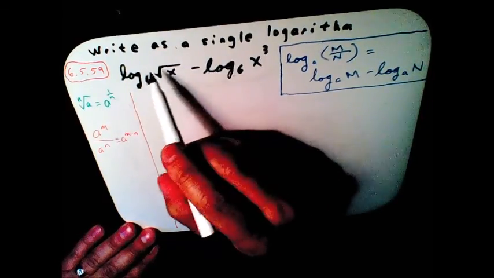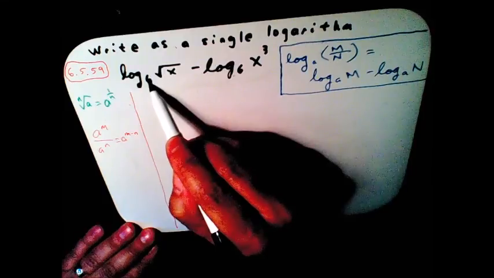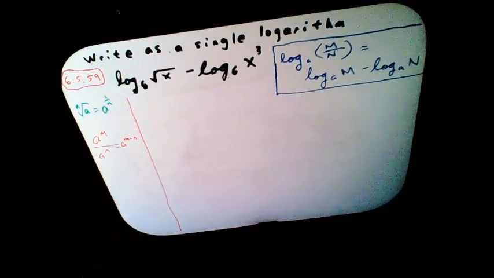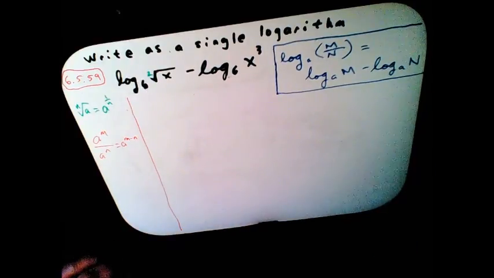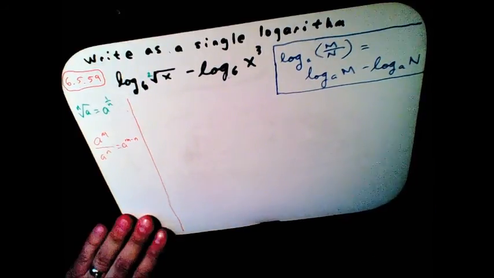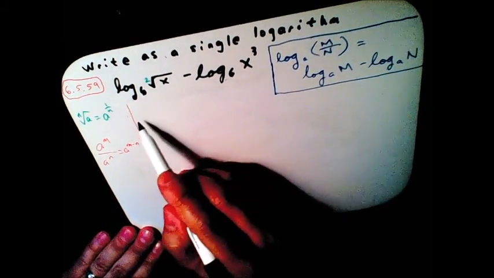And of course, here we've got a square root. The index of the radical is 2 of x, and so that's going to be the 1/2 power of x. So we'll write it like that, which will help out a little bit later.